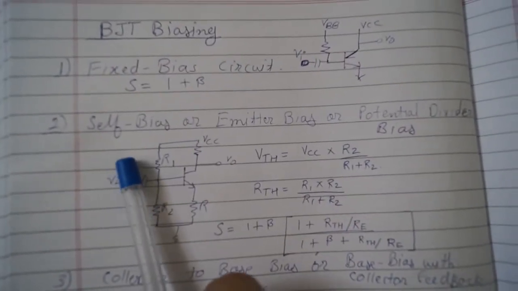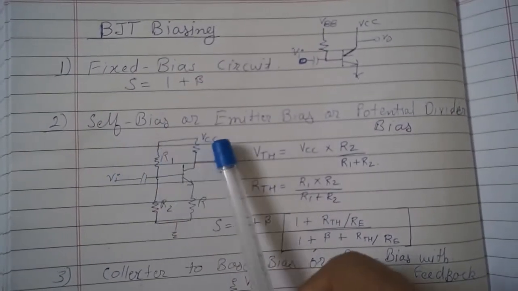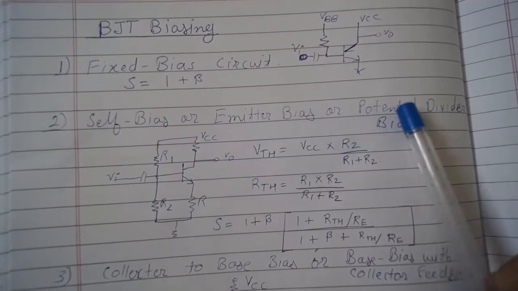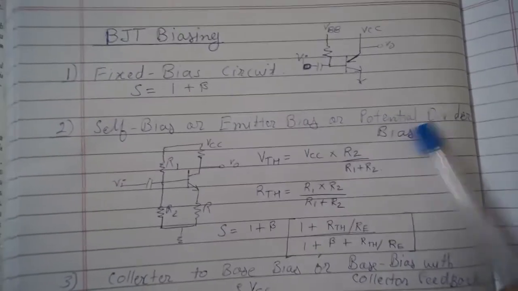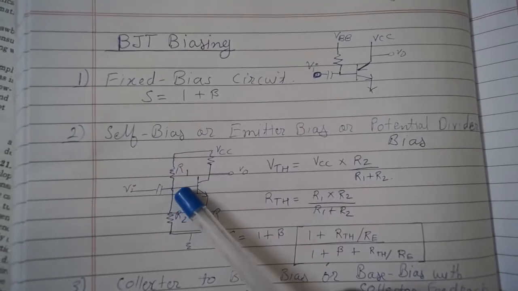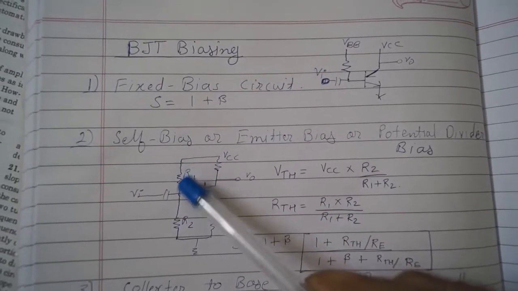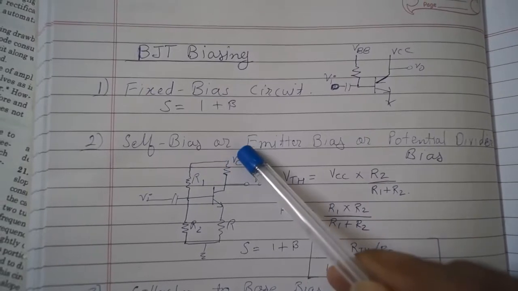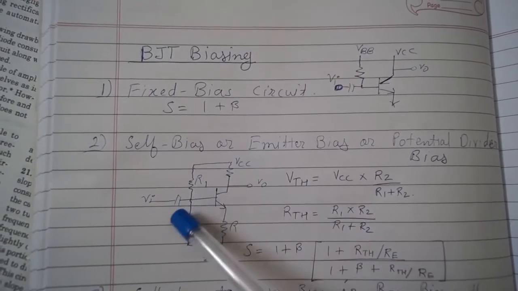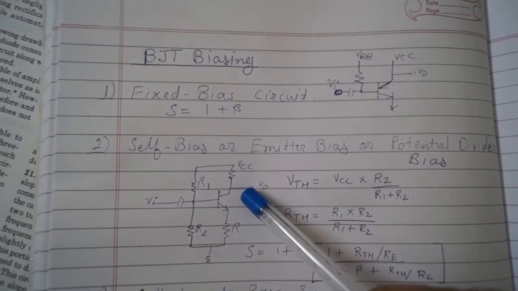Then the most commonly used is self bias or emitter bias, also known as potential divider circuit. Here the base terminal voltage is from the potential divider. VCC is common between the base and the collector.